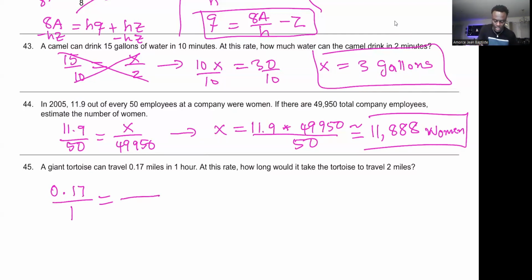They asked me for the time, so X would go in the denominator because that's 1 hour and the time here. They need to be aligned. How long the travel would be for 2 miles. So that's 2 here. Then cross multiply.